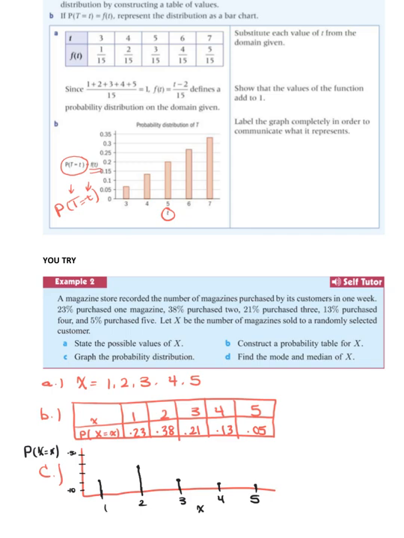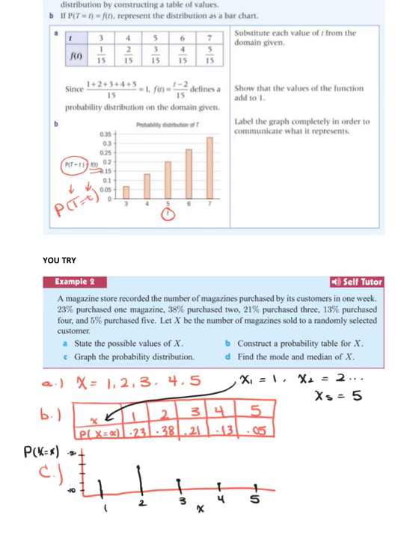So it states, state the possible values of X. So the possible values of X are 1, 2, 3, 4, and 5. In other words, that means that X sub 1 is equal to 1, X sub 2 is equal to 2, etc., and X sub 5 is equal to 5. For a table, we can represent these values here, 1, 2, 3, 4, and 5, as I have.